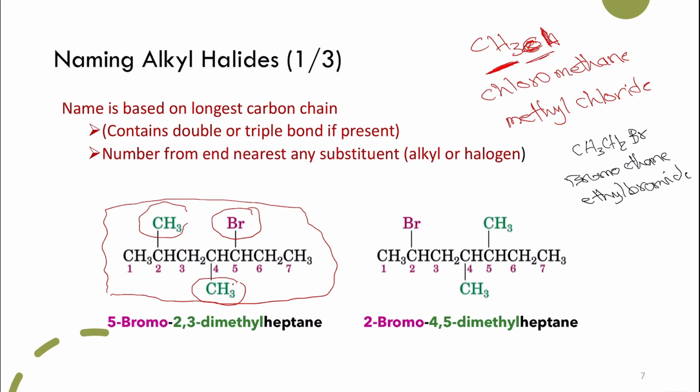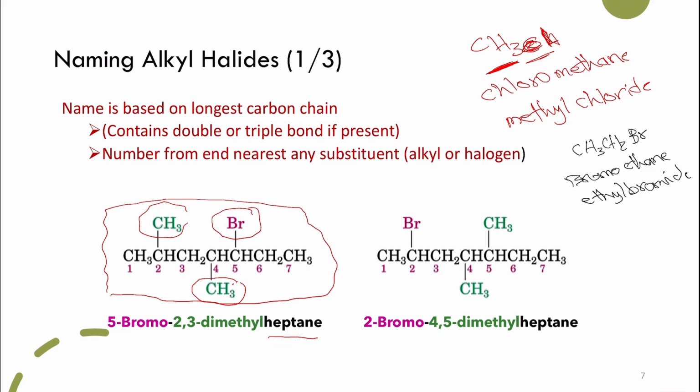We follow the same rules we applied before. You have to look at the longest chain of carbon atoms. This one has seven carbon atoms, so it's going to be heptane. This is the parent name that will come at the end, the root name of the compound. And then let's look at the substituents. We have two methyl groups and one bromo.